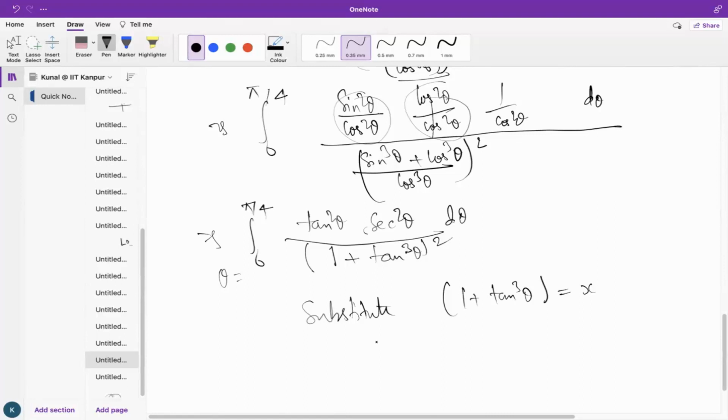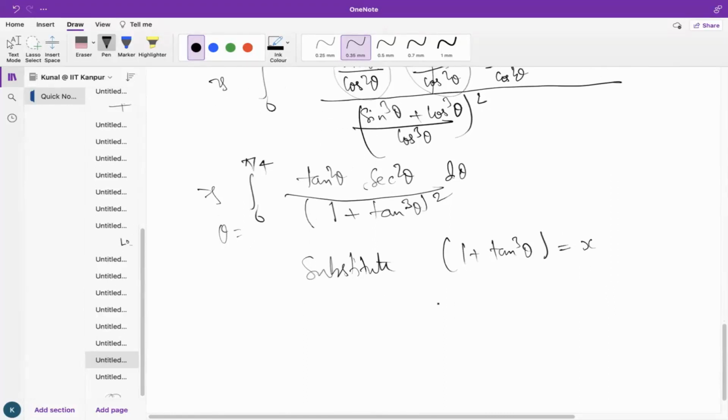You have to look into it also. Let's move to this part. You have to differentiate this. The differentiation of 3 tan cube theta will be 3 tan square theta, and then the differentiation of tan theta will be sec square theta d theta is equal to dx. I hope you all understand what I'm trying to say.